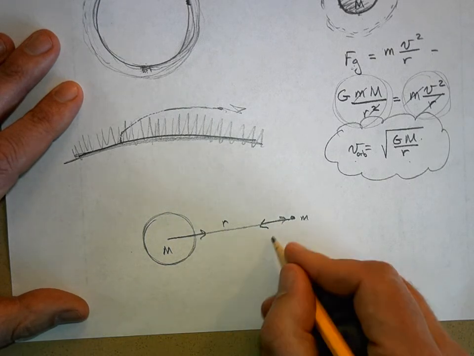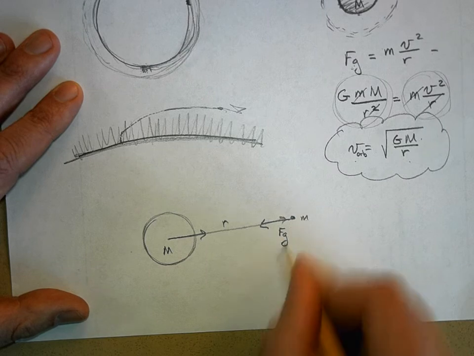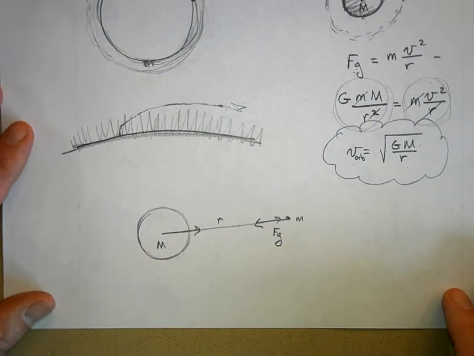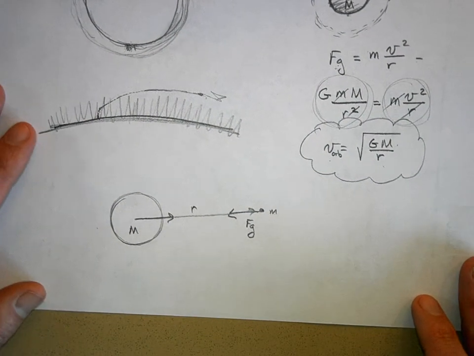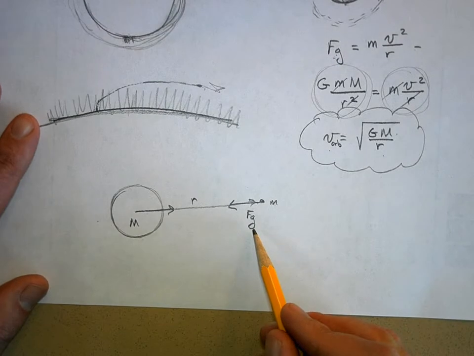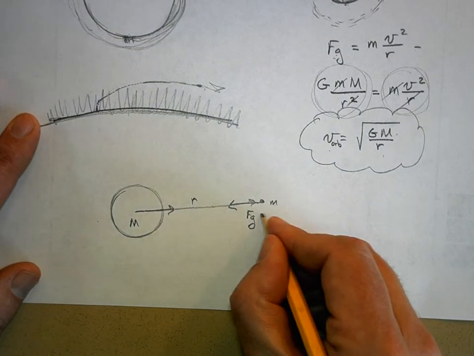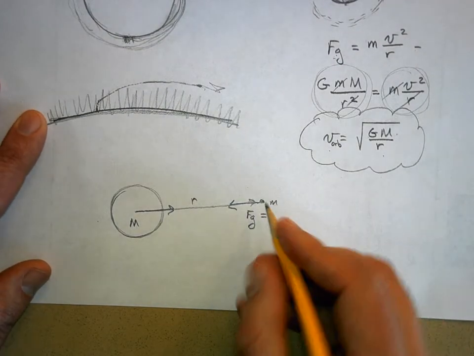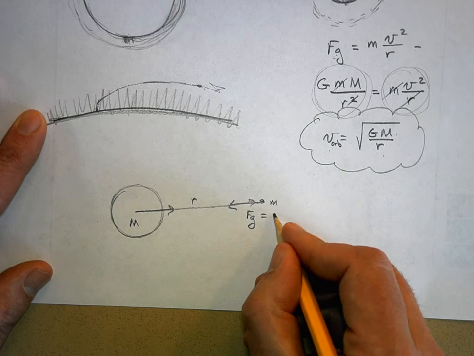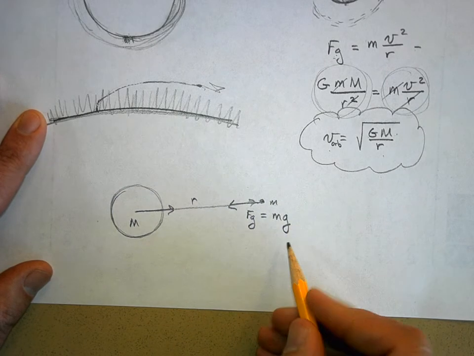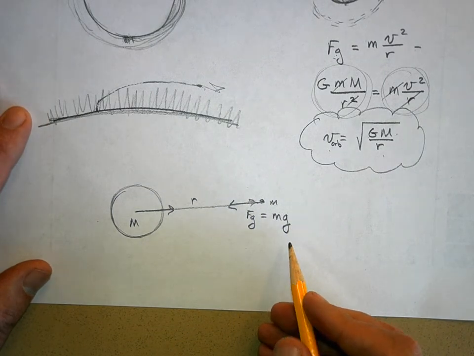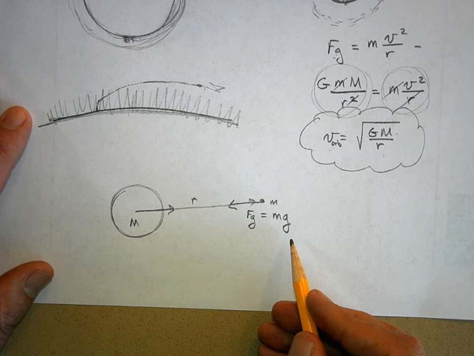Here's my force of gravity acting on that object. Well, this force of gravity is equal to the mass of my spaceship times g, my gravitational field or the gravitational acceleration for this object.